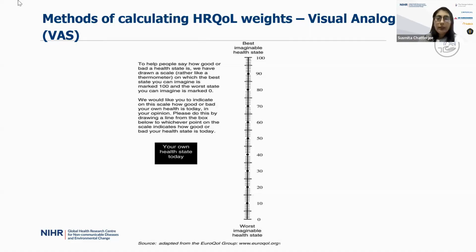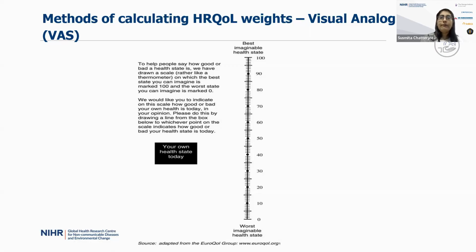In the direct method, suppose this is what is called a visual analog scale. This is, as you can see, a scale where 0, because it's QALY, 0 means worst imaginable, like it's kind of death, and 100 is the best situation. Now, you are giving this scale to your study participants with a health condition.